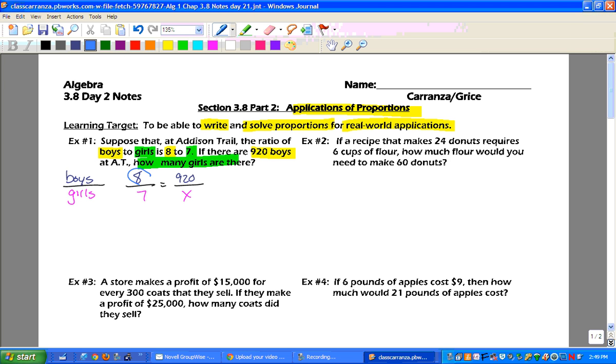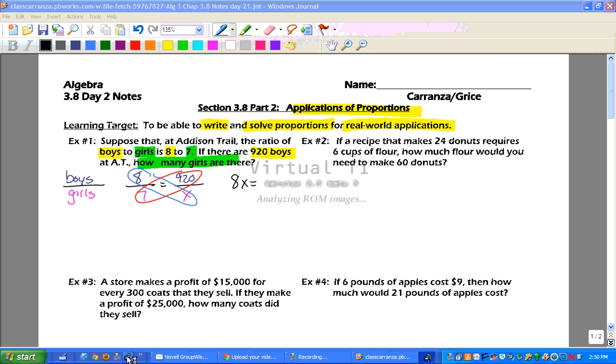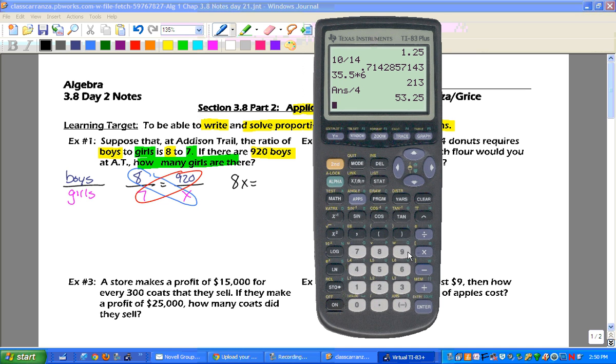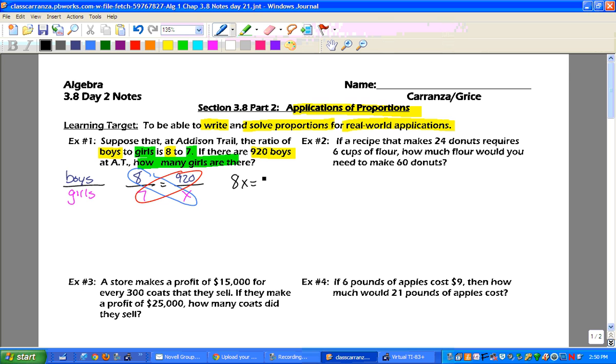Okay, and now it's just like yesterday where we're going to do cross multiplication. We get 8x equals, I don't have my calculator on me right now, so let's pull it up. And you're going to do 920 times 7, which gives us 6,440.